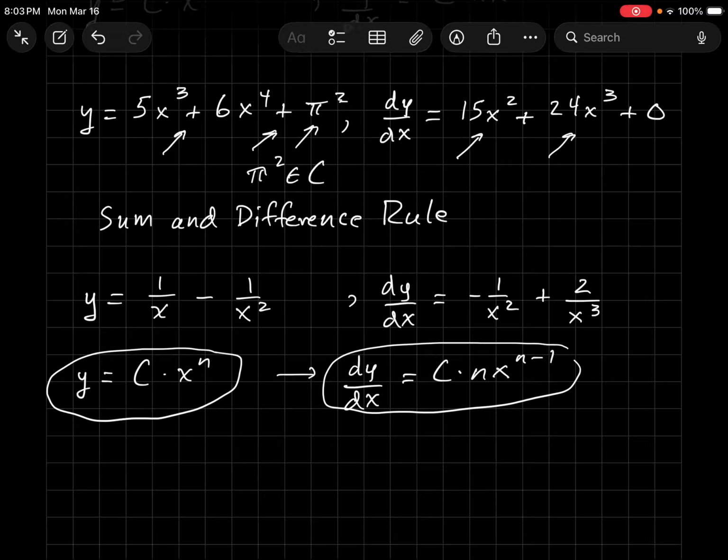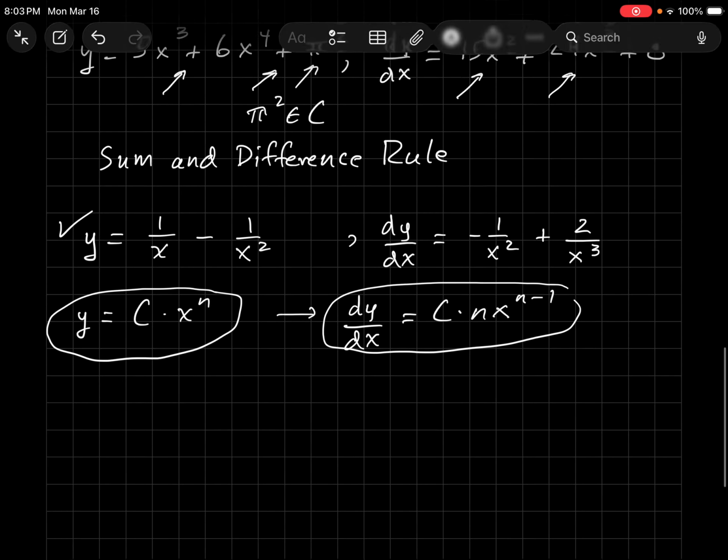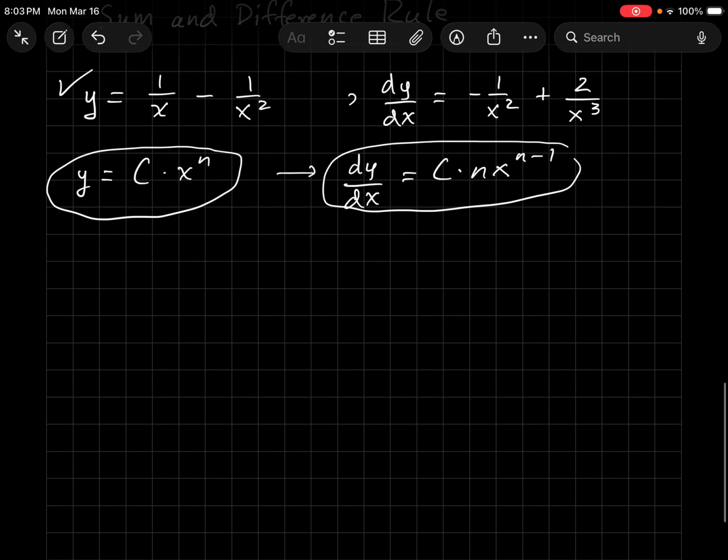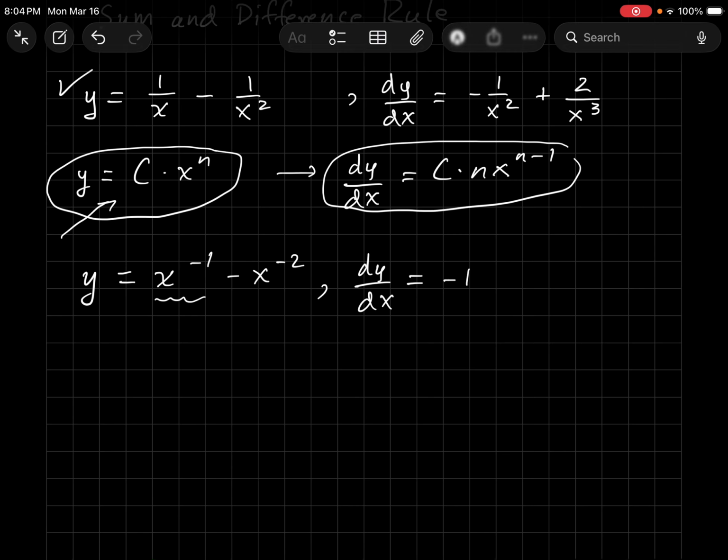So how do I get this line? Well, what you need to do is rewrite your function into a form that looks like something I know, so that I can take its derivative, which says, looking at the first part, bring the power down, multiply it, subtract 1 to get to the new power, and then I'll subtract.